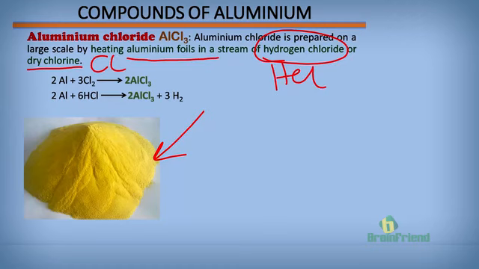So when we heat aluminium with the chlorine gas, we'll have what? Aluminium chloride. Or when we heat aluminium with hydrochloric acid, we would still have aluminium chloride. So the hydrogen is displaced by the aluminium metal in this second reaction.